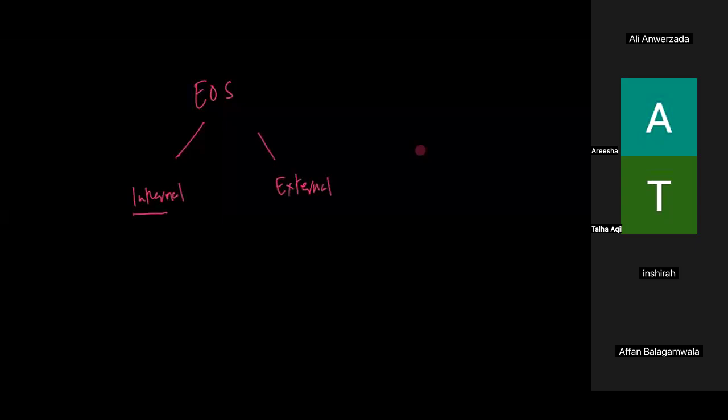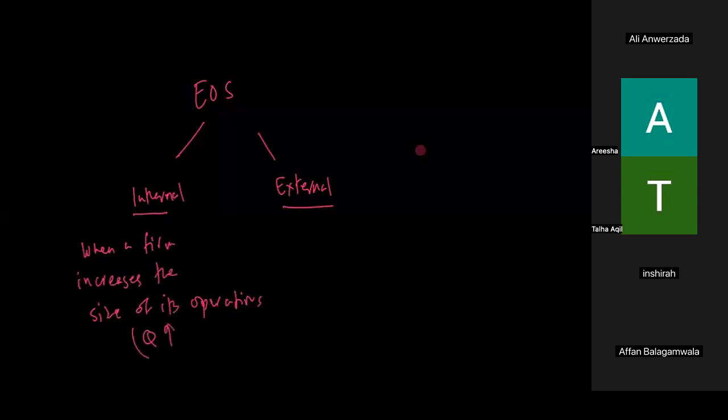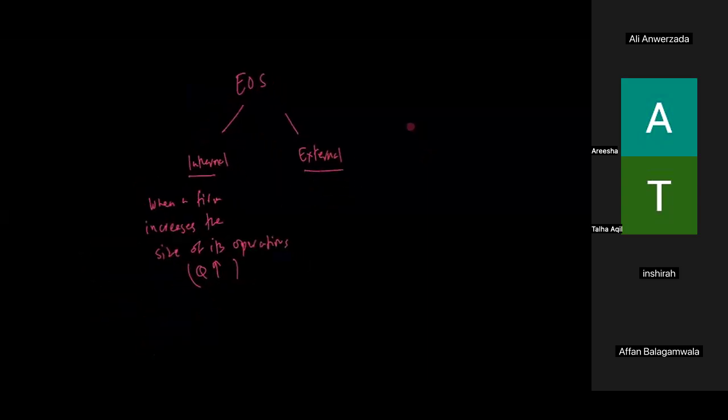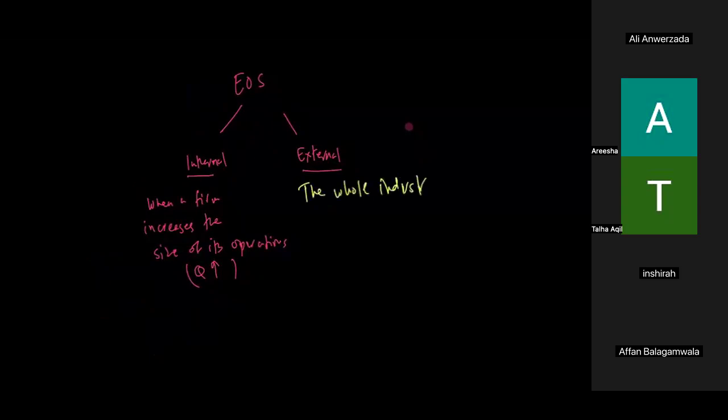Okay, internal economies of scale is when a firm increases the size of its operations. You know, in short, quantity goes up. External economies of scale happens when the whole industry grows.